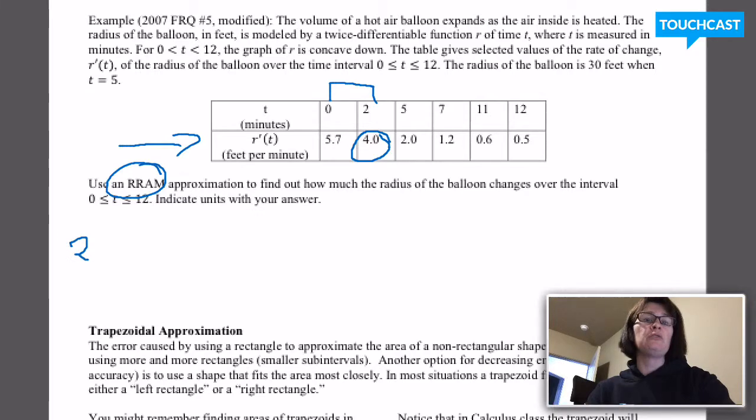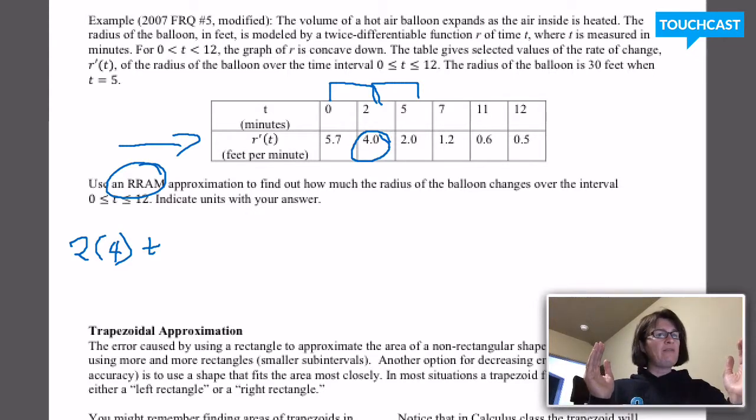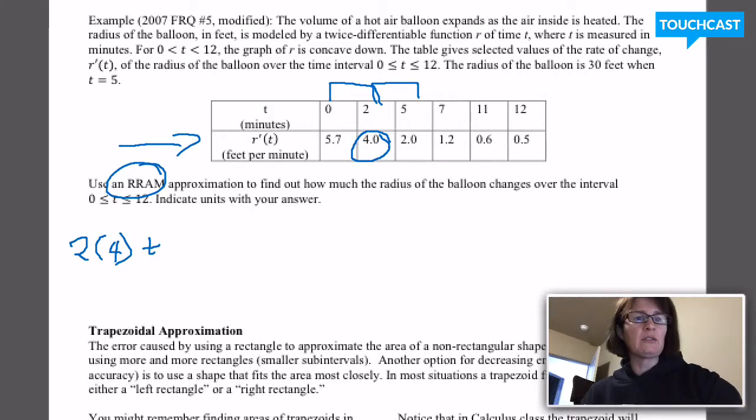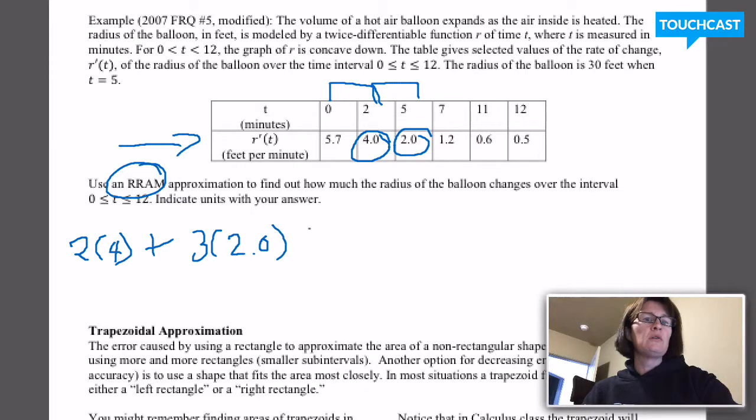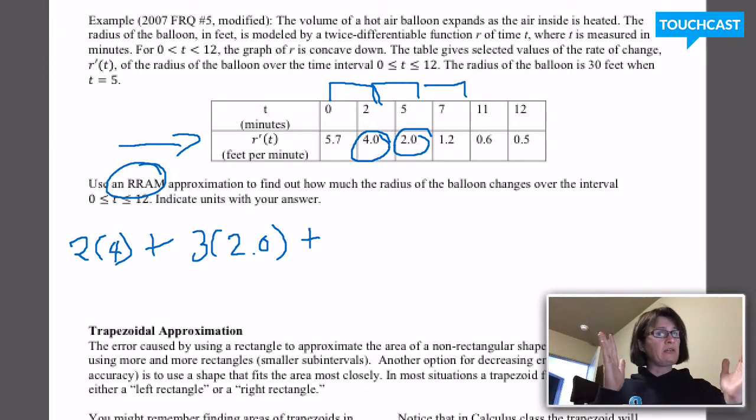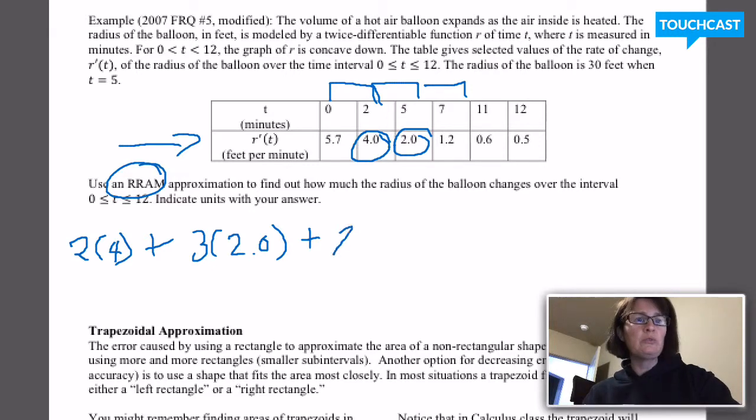So this is going to be 2 times 4 plus, how wide is the rectangle that covers from 2 to 5? Well, the difference between 2 and 5 is 3. Plus 3 times the right-hand end of that interval, time equals 5, so I'm going to use 2.0. Plus the next time interval goes from 5 to 7, so how wide is that rectangle? 7 minus 5 is 2.